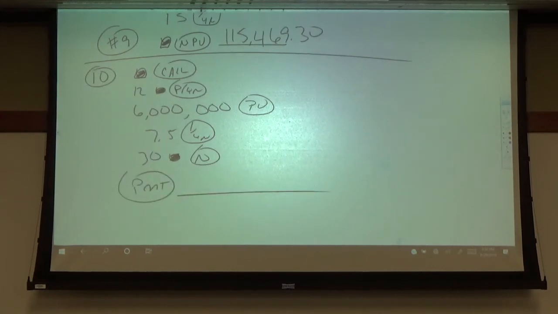Going to be solving for what is the monthly payment. Okay, just double check, make sure everything's working. Payment, $41,952.87. Okay? All good? Okay, we're gonna stop there.